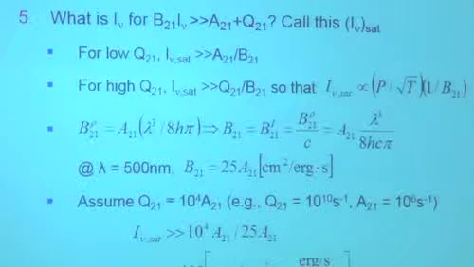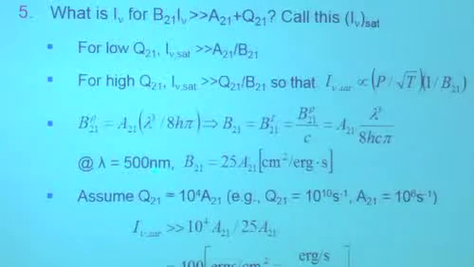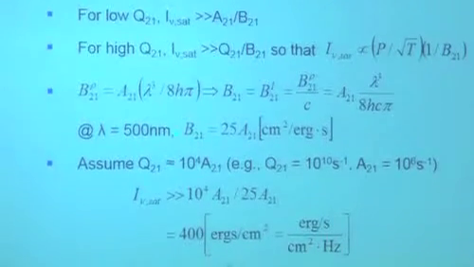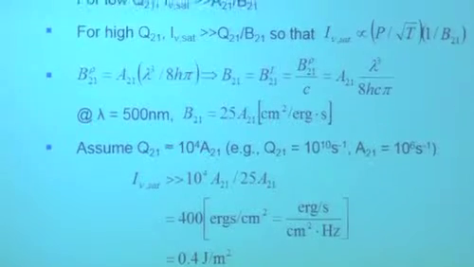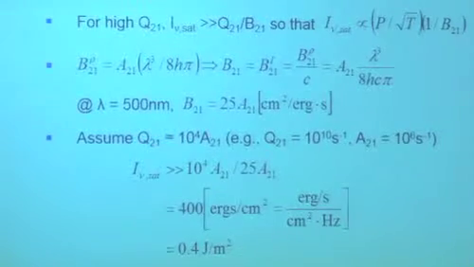These are two limits. If you look at the equations in my notes for how you relate B to A, and you pick a wavelength and some reasonable numbers like 500 nanometers, you can show that in my units, B21 is 25 times A21. So B is about 25A.